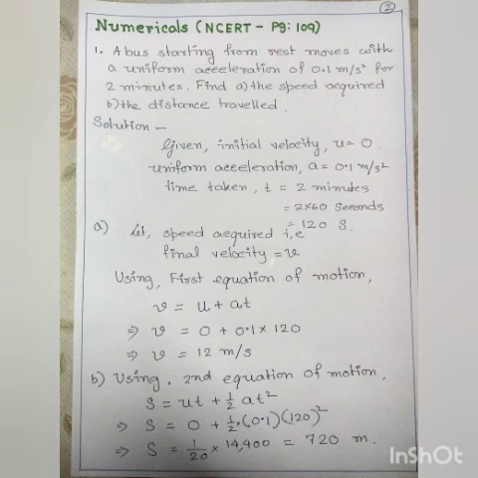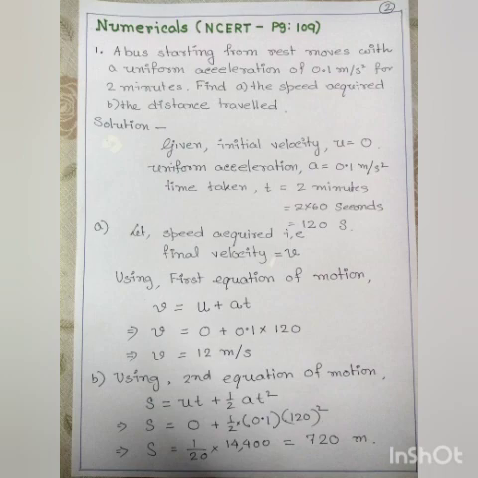Therefore, just calculate it. S will be 720 meter. Now to derive this distance traveled by the bus during this time, you also can use the third equation of motion, v square equals u square plus 2as.